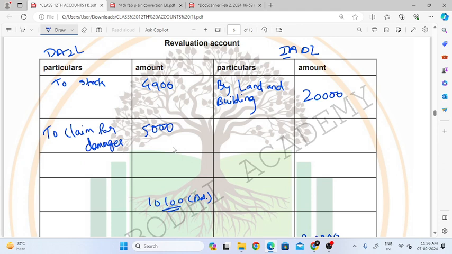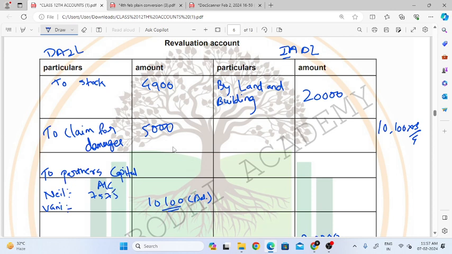Whatever distribution amount you get, you have to transfer it to the partners' capital account, that is Neil and Vani. So for the partners' capital account, 10,100 multiplied by 3 divided by 4 gives you 7,575 for Neil.